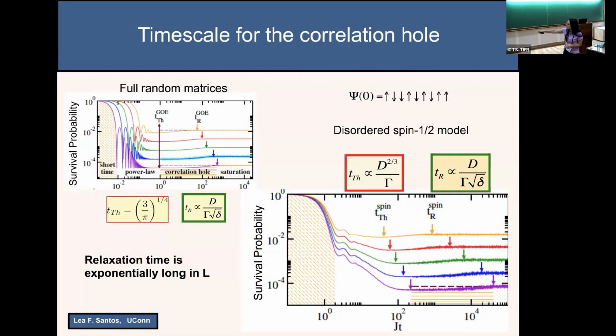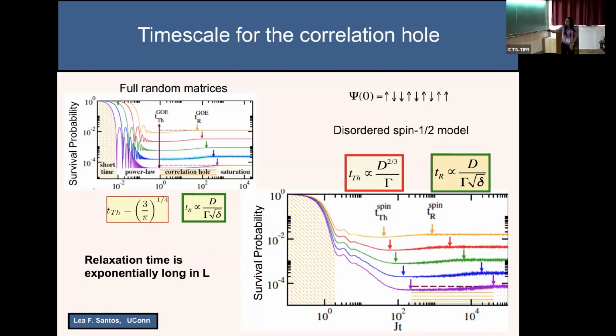So remove the D and put the 2 to L. It's not 2 to L because I'm in a symmetry sector, but it's approximately that. So it's exponentially large in L, just as the Heisenberg time, which is exponentially large in system size. It's the same thing here, but to the power 2/3.